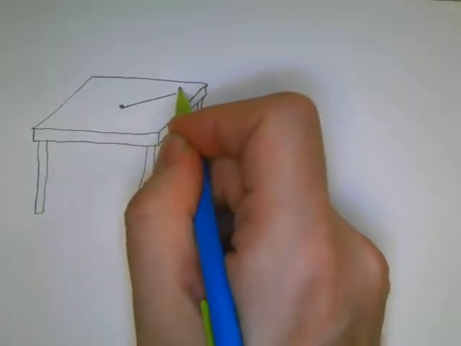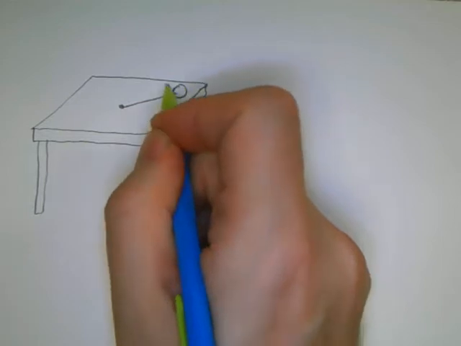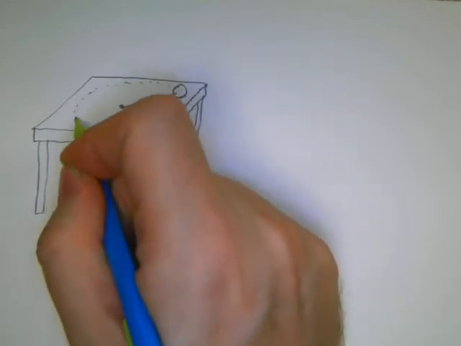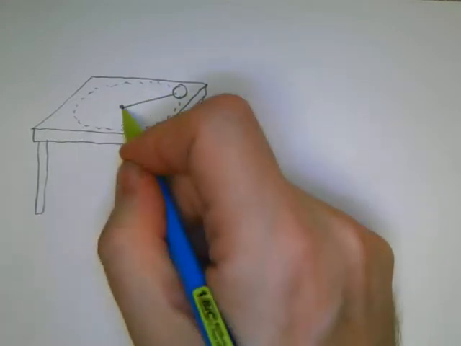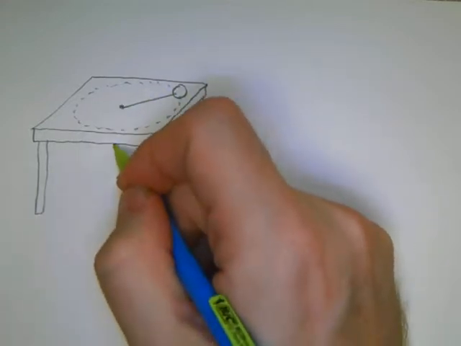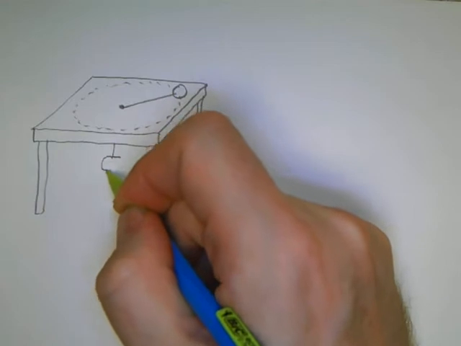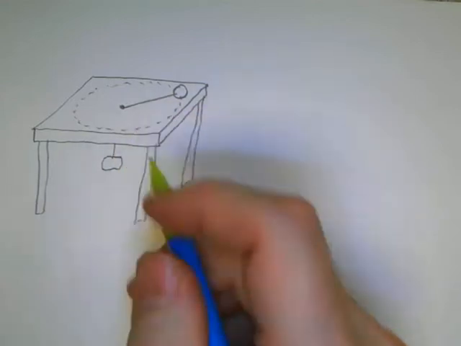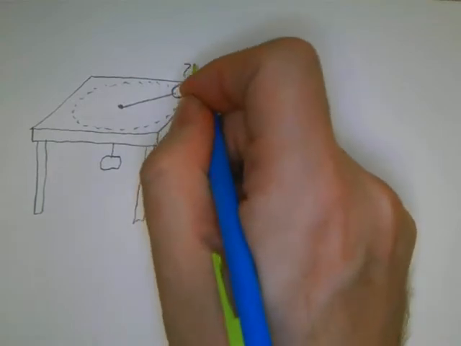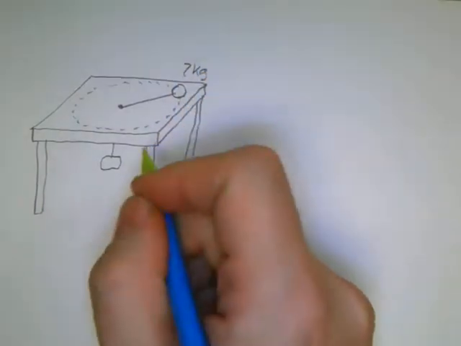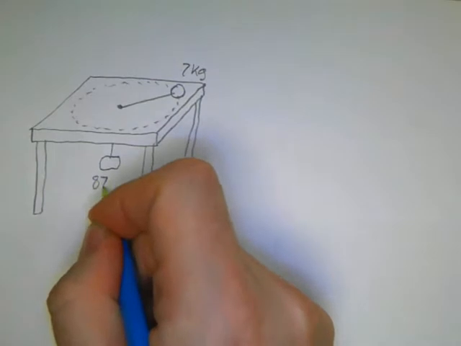The mass is at the end of a string going in a circle, and the string goes through a hole in the center of the table that's connected to another mass that's just hanging below. We're told the masses are 7 kilograms and 87 kilograms.